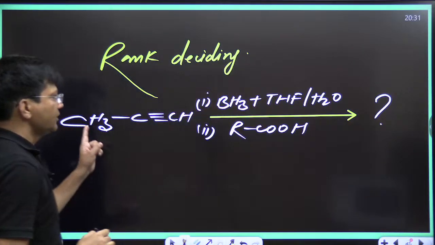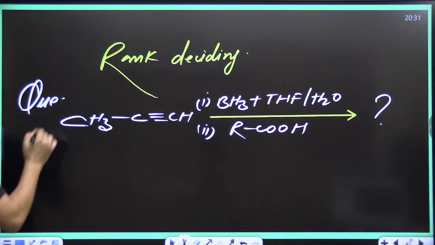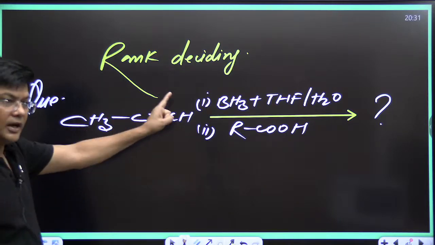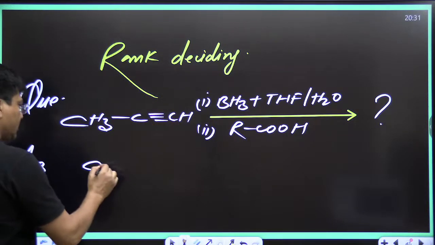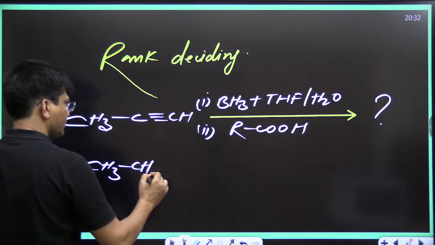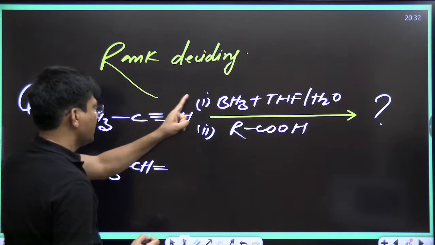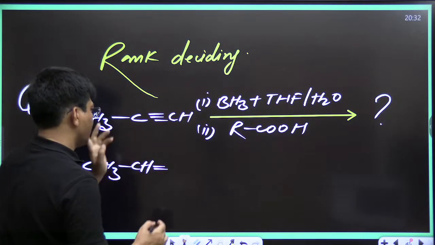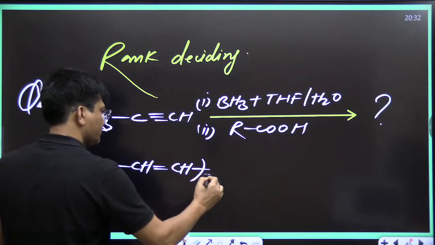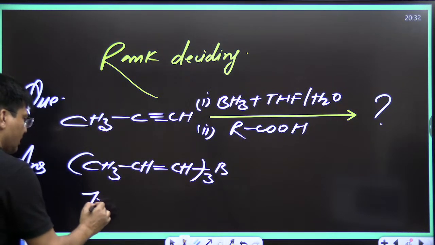Now you can see how to solve it. This was the question, my dear students, and let's find out the answer. First, you know that the intermediate will form, what intermediate? CH3 CH double bond. The BH3 will attack on this, we will get H, and this will remain C, CH whole thrice B. Now here the intermediate is trialkenyl borane.